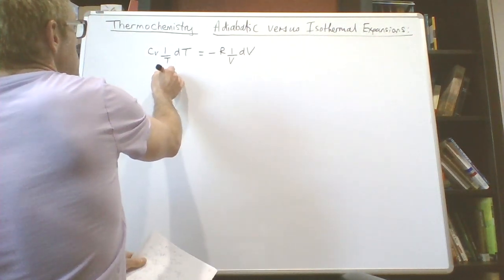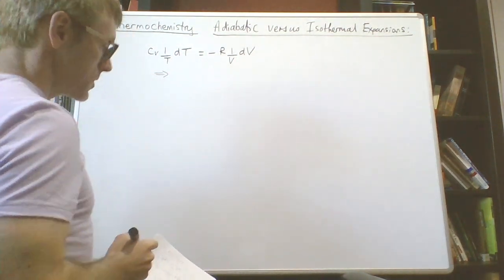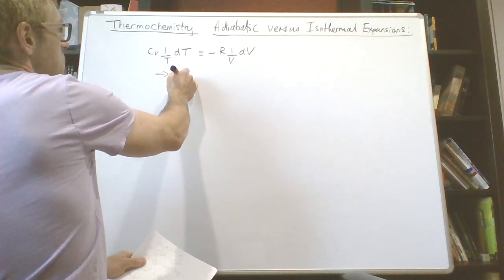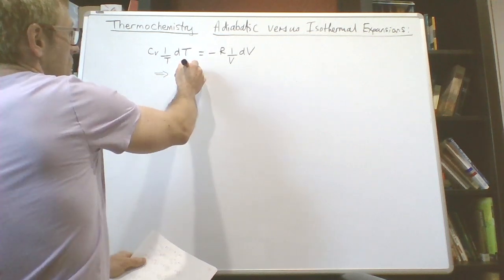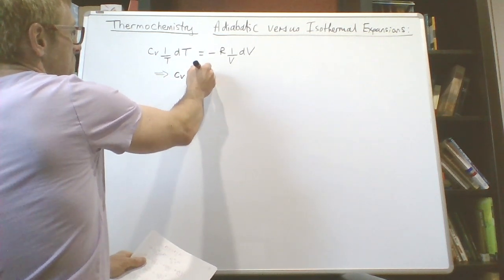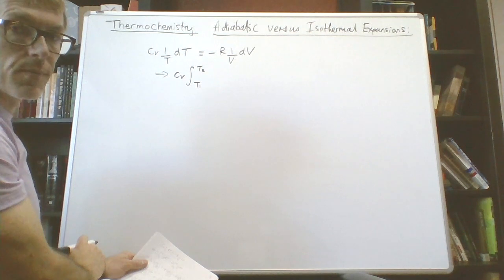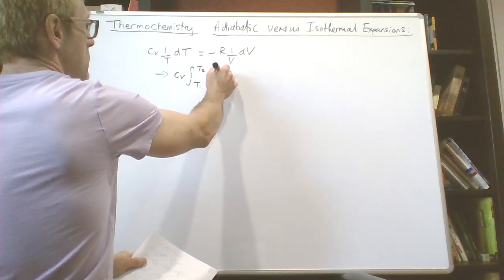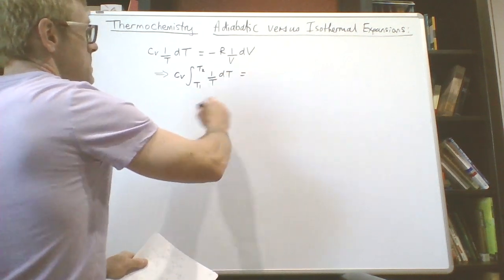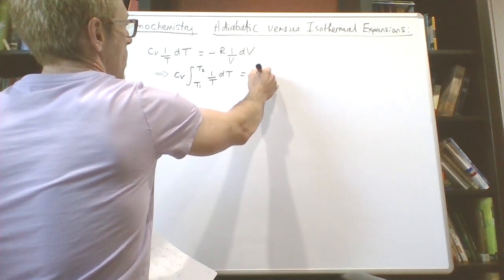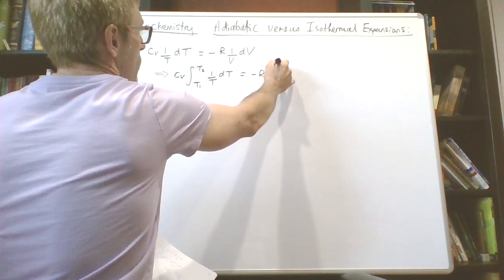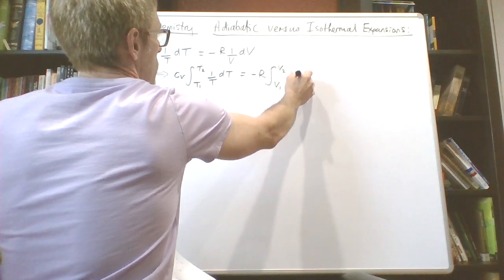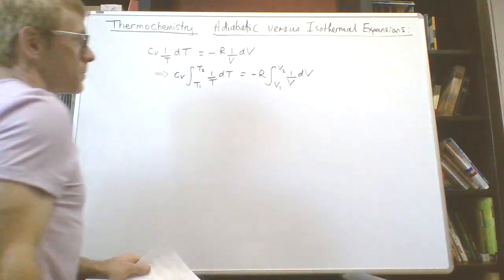So this implies, but before I do that, I've got to sum over the changes. The way to get rid of the changes is to sum over them. So I've got Cv summing between a final temperature and an initial temperature, 1 over T dT is equal to negative R summed over a final volume and an initial volume, 1 over volume dV.